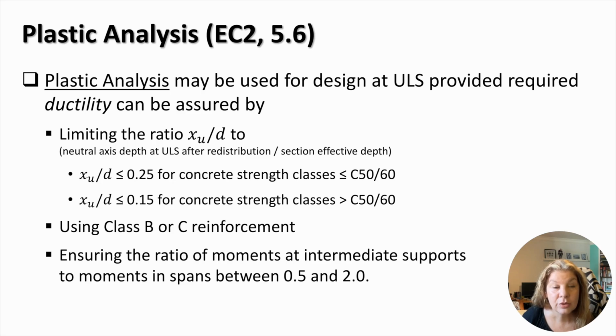Only Class B or C reinforcement can be used in structures designed using plastic analysis. Additionally, the ratio of bending moments at intermediate supports to moments in spans has to be in between 0.5 and 2.